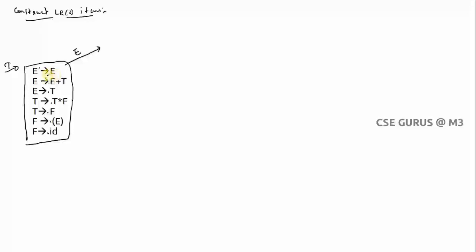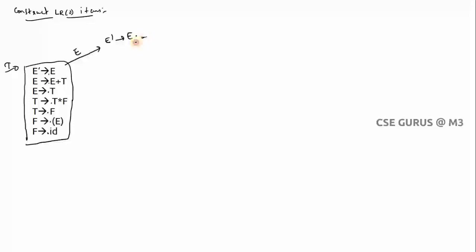Previously, before scanning, it was before the symbol; now it will be after the symbol. So E dash tends to dot E will become E dash tends to E dot. That is the first step. And one more thing we need to remember: after scanning, you have to check what is there after this dot.